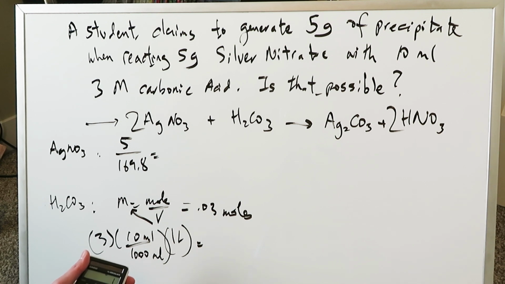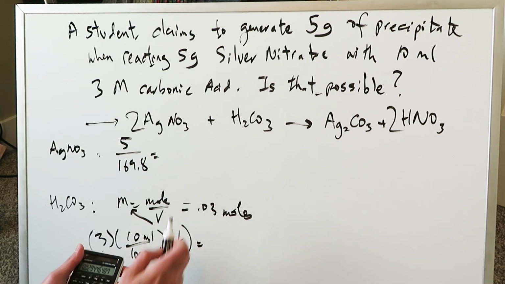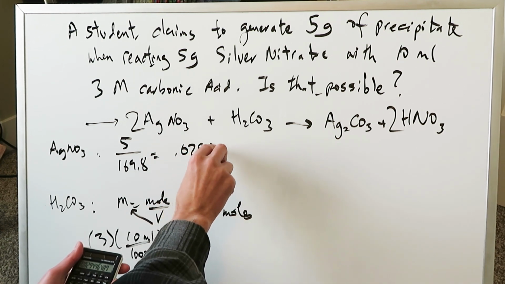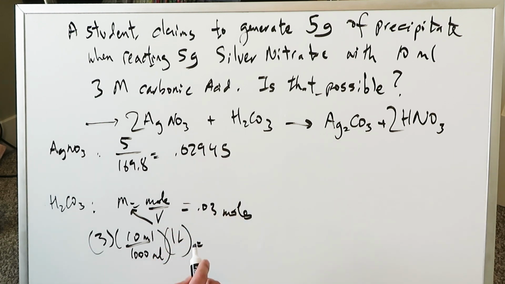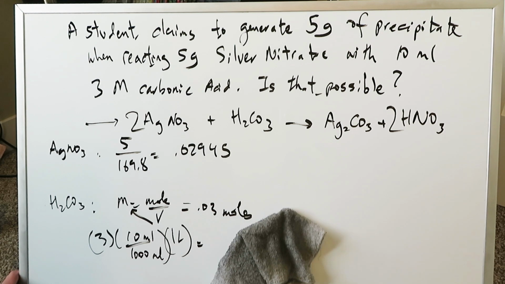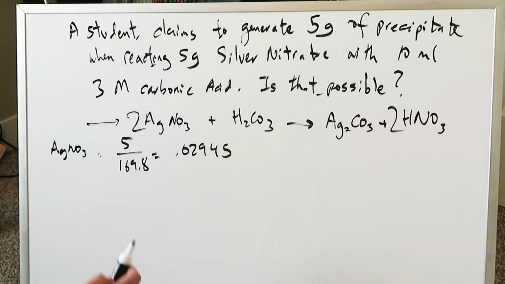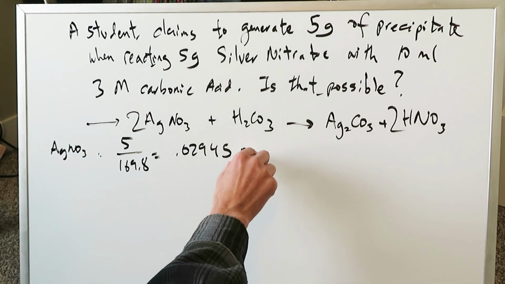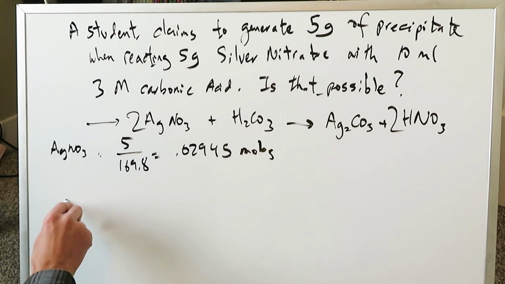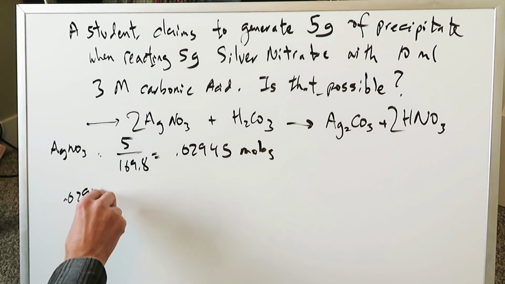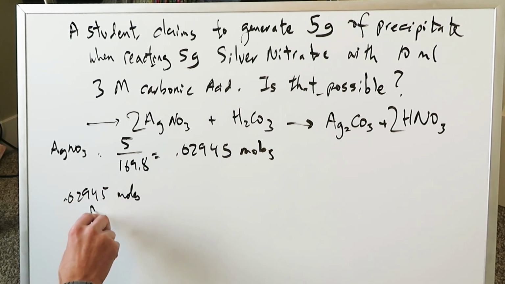Now we have to determine which one is smaller. Whichever one is smaller is your limiting reagent. This is 0.02945 moles. Because we've determined the silver nitrate to be the limiting reagent, I can erase this. Now let's determine the precipitate. We have 0.02945 moles of silver nitrate.